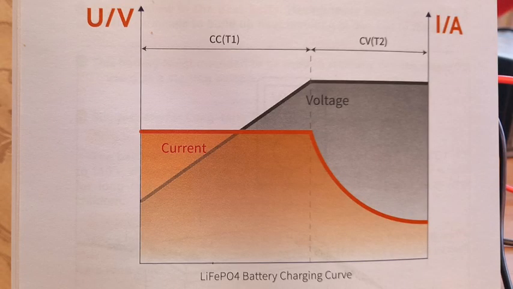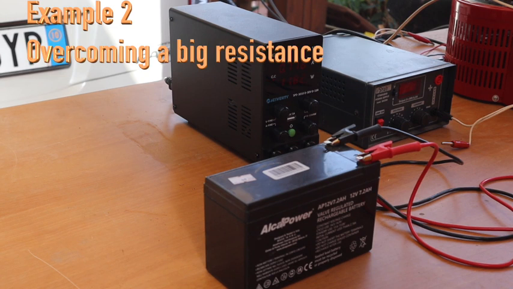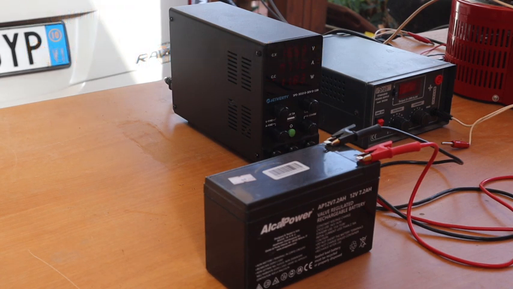And now you go on with that charging until the current is, for example, 1 or 2% of the programmed value. An old battery has a big resistance and the charging current is too low. You give it a high voltage but limit the current just to 5% of the capacity until the voltage and the resistance go down. In that case the battery is recovering.